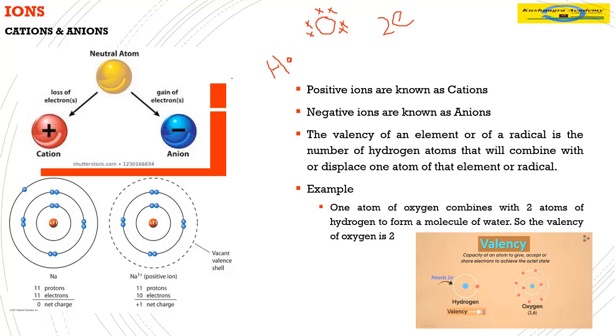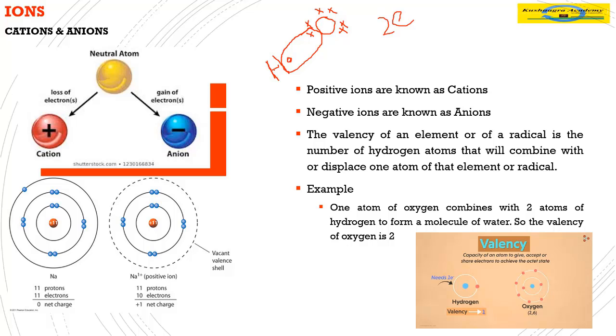So what will this hydrogen do? Hydrogen will share its electron with the oxygen atom. Now how can we count these electrons? 1, 2, 3, 4, 5, 6, 7. Clear? So there are 7 electrons in the oxygen atom, and how many electrons in the hydrogen atom? 1, and this cross 1, 2.